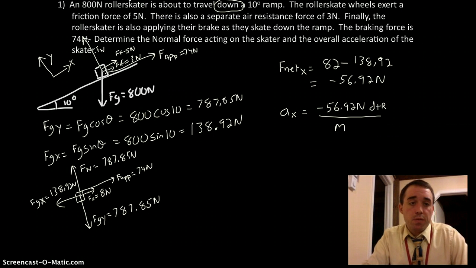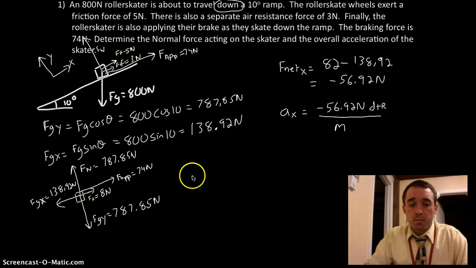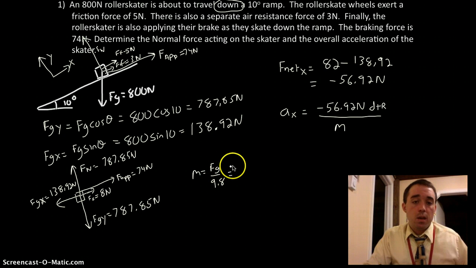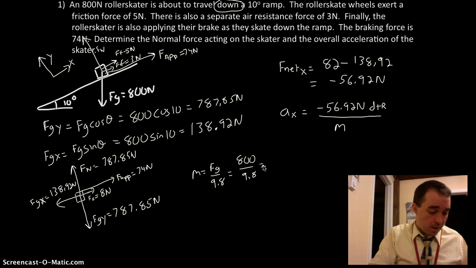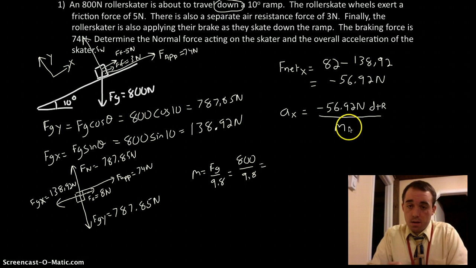And the mass we don't specifically know, but we can calculate it, because mass is weight over 9.8. And our weight is 800. 800 over 9.8 is going to give us our mass. So our mass of this roller skater is 81.63 kilograms.